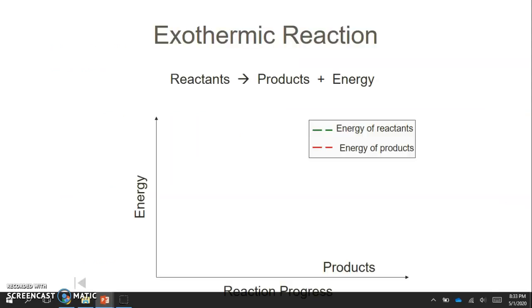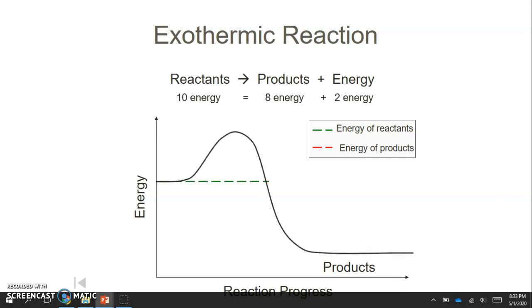In an exothermic reaction, remember exothermic, you're releasing energy. So you can identify these pretty easily because when you have an exothermic reaction, your delta H is going to be negative. Okay, so if you're ever looking at one of these and you've got a negative delta H, that's going to be your indication you've got an exothermic reaction, all right? Also, the energy of your products is going to be lower than the energy of your reactants.